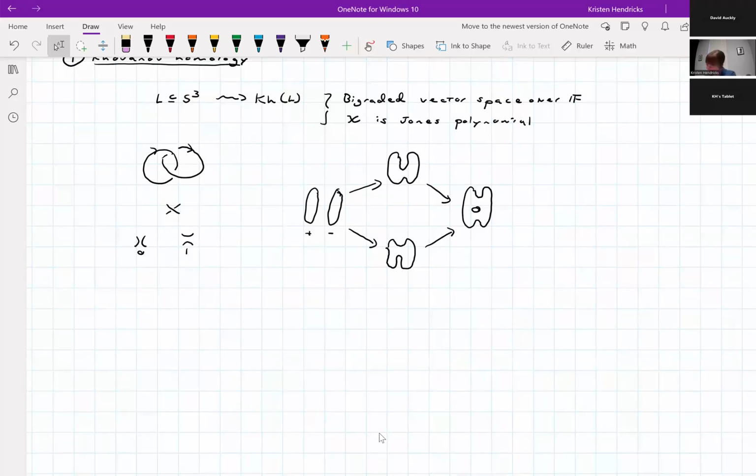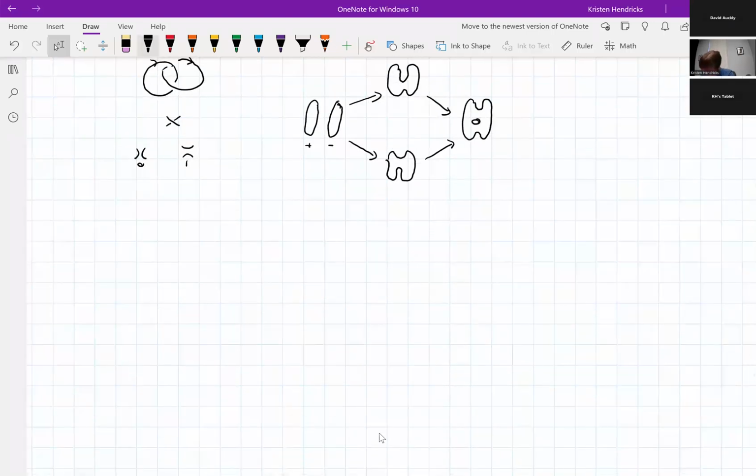It also has connections to Floer theory. At this point, this is a well understood topic, but maybe the first connection to Floer theory was by Ozsváth and Szabó in 2004.